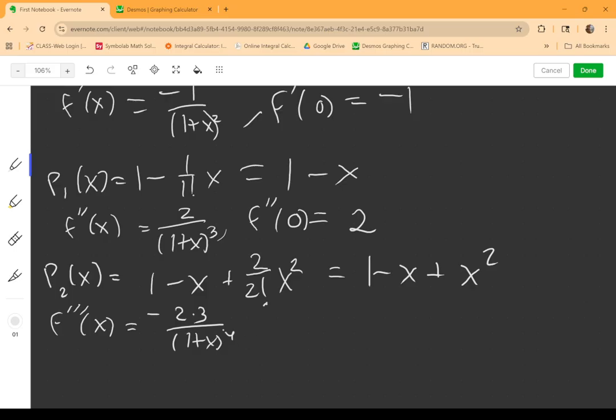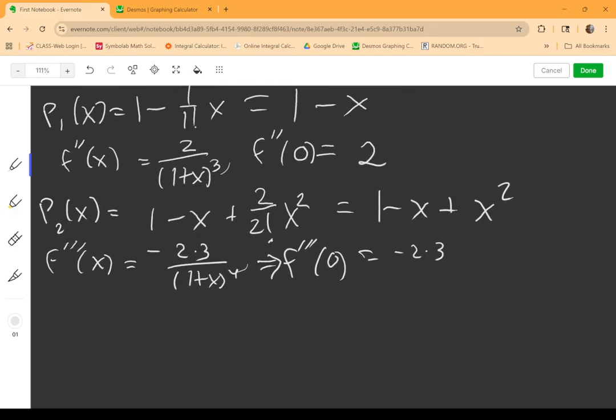If I keep going, I keep adding that factor, so the derivative itself has that factorial pattern showing up. F triple prime of 0 is negative 2 times negative 3, or 6, or 3 factorial, however you want to represent it. In other words, this looks like our P3.